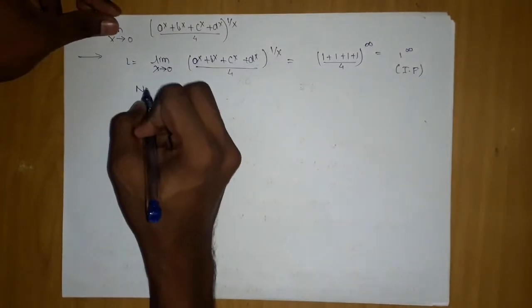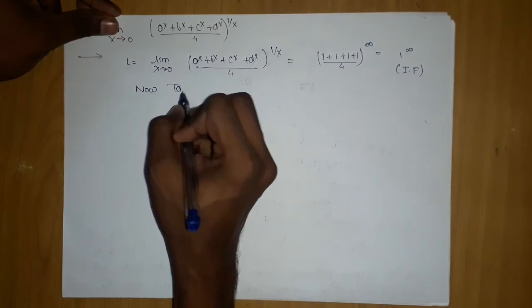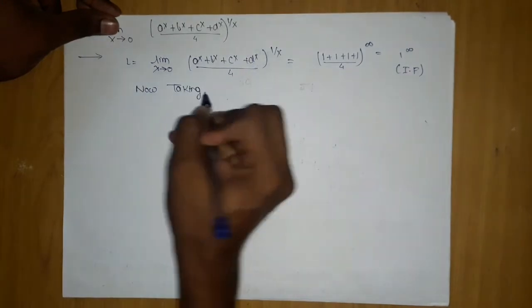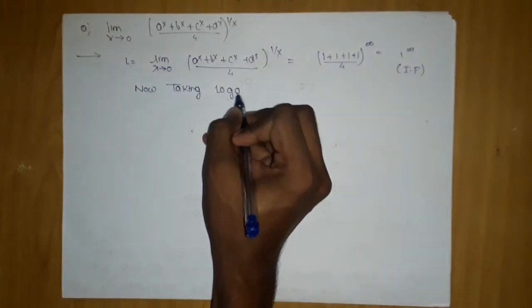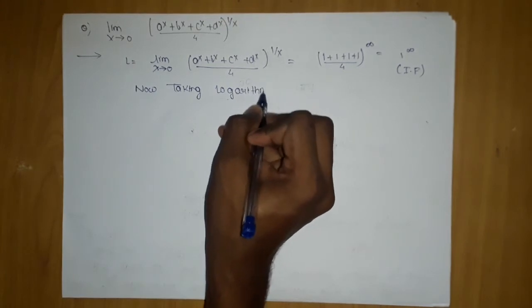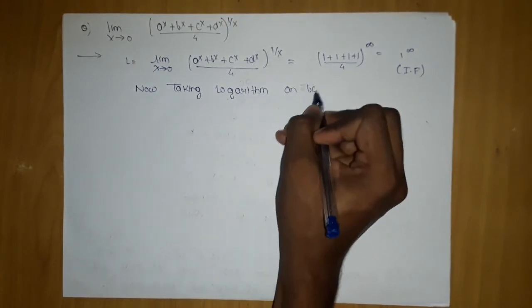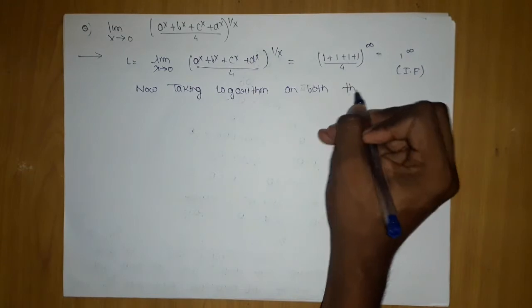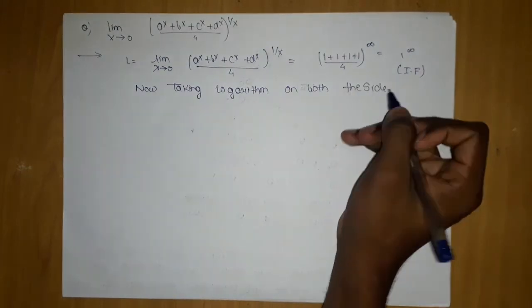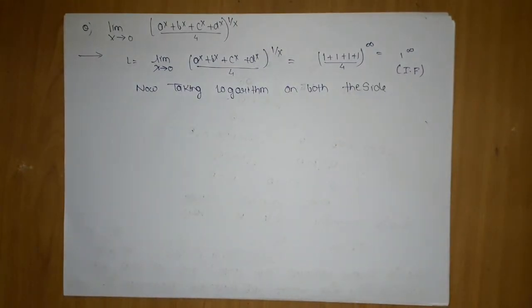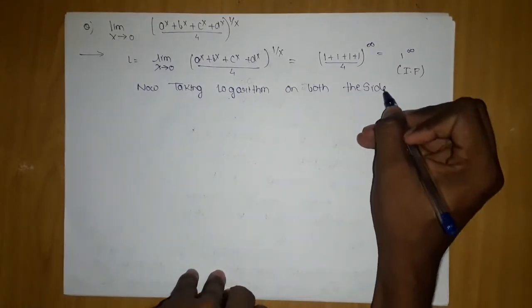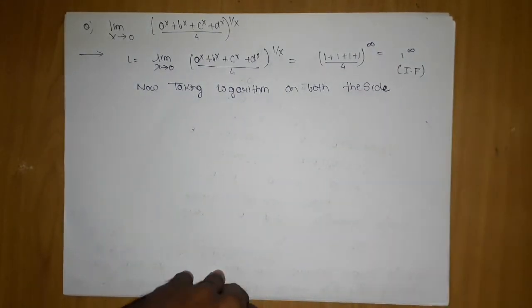Now second step, taking logarithm on both the sides. Many children make a mistake, they write log, taking log on both the sides. You are not in an IIT JEE examination, you are in an engineering examination, you have to mention logarithm.